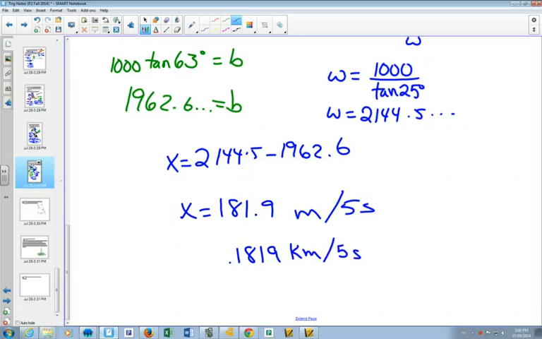Times this by 20, you'll find out how many kilometers it goes by per minute. Times it by 60, you'll find out how many kilometers it's going per hour. So take that, times it by 20, and then by 60. 218 kilometers per hour. Probably need a ticket here.